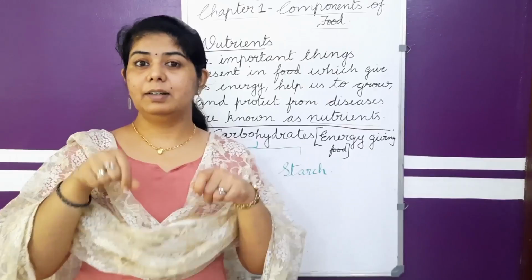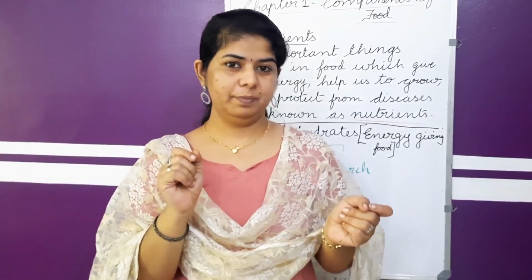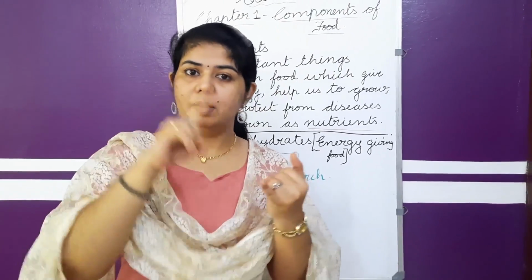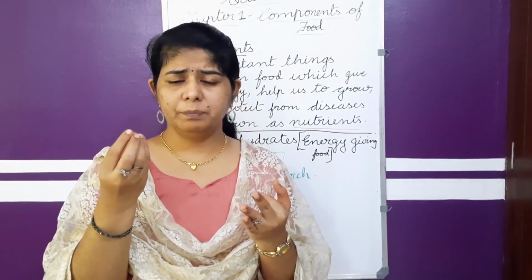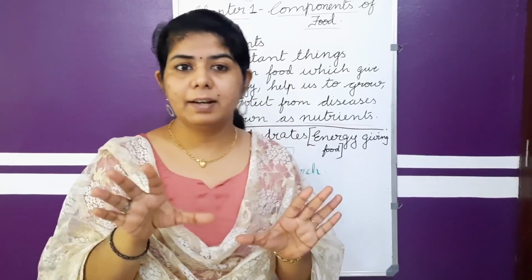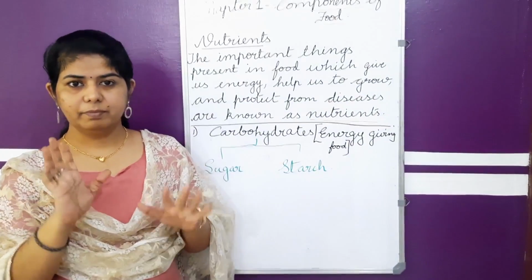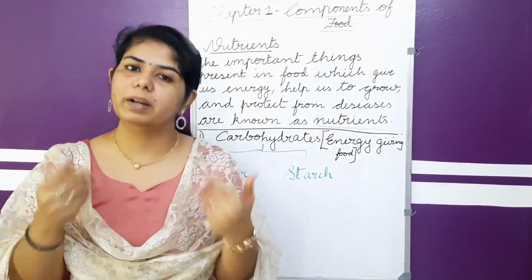Then the wheat, godamba, with which you make chapati and all. That is cereals together. Cereals means rice, wheat, maize, corn, cholam, have you seen the corn? All those things contain the carbohydrate starch. Got it? What is their function? To give you energy.